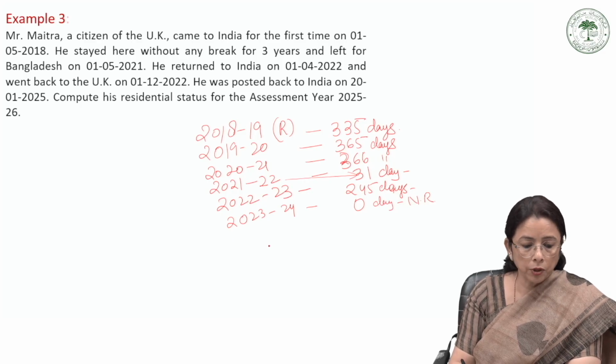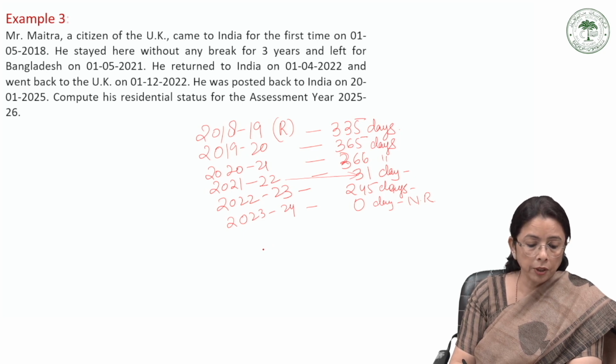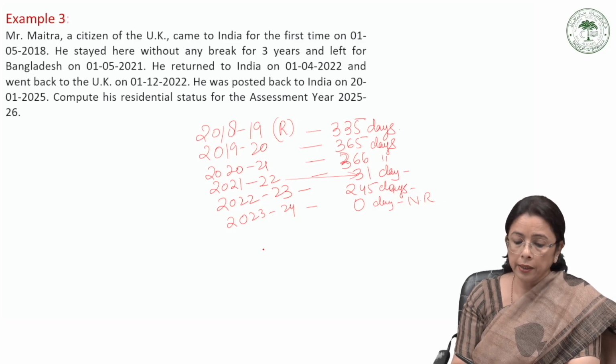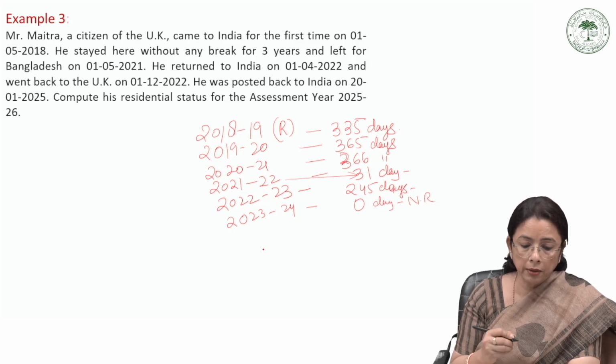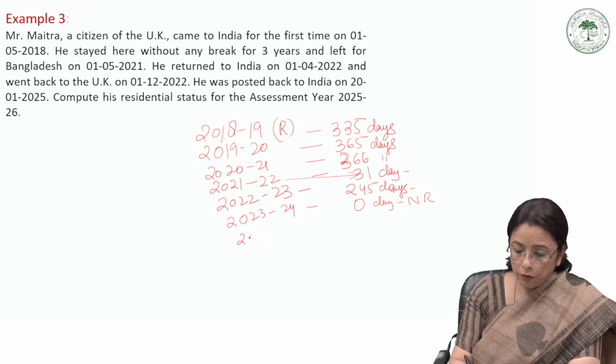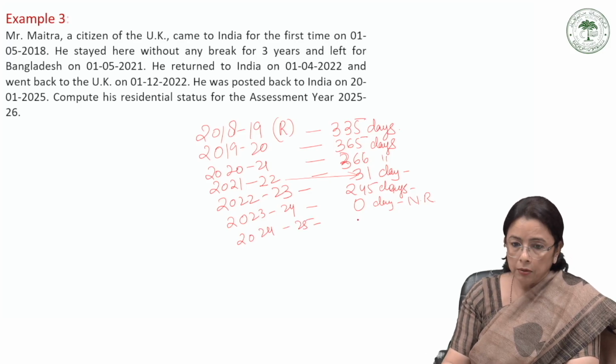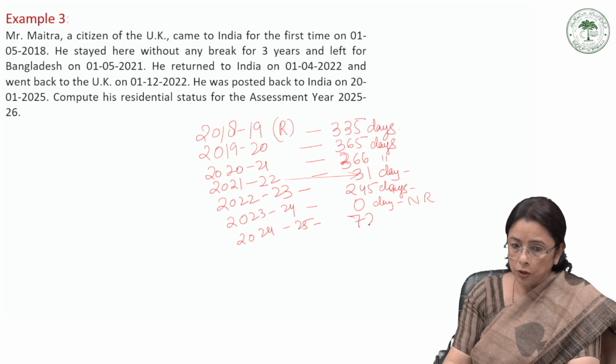Then coming back to 24-25, because he was posted back to India on 20th of January 2025, that year has to be taken into consideration. And when he came back, on the basis of that, if we compute for 24-25, he stays here for 72 days.